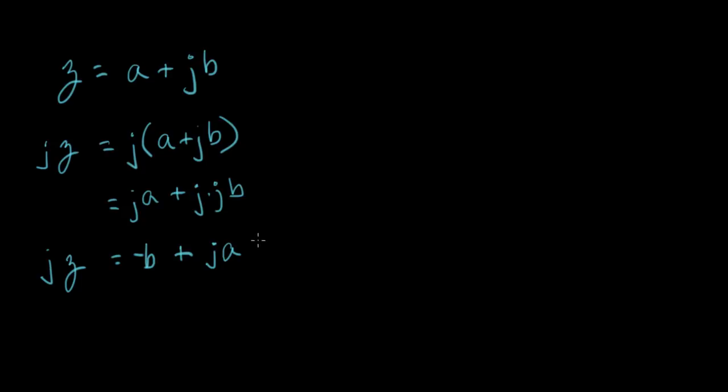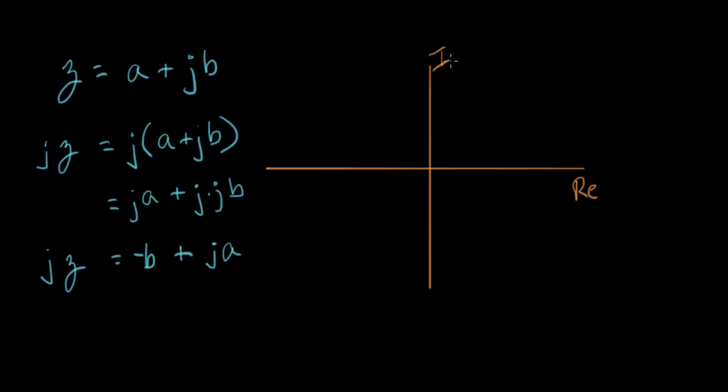So now we have expressions for z and jz, and I want to go plot these on a complex plane and see what they look like. And here's the real axis, here's the imaginary axis. And let's first plot z. Let's say z has a large real value, and that would be a.